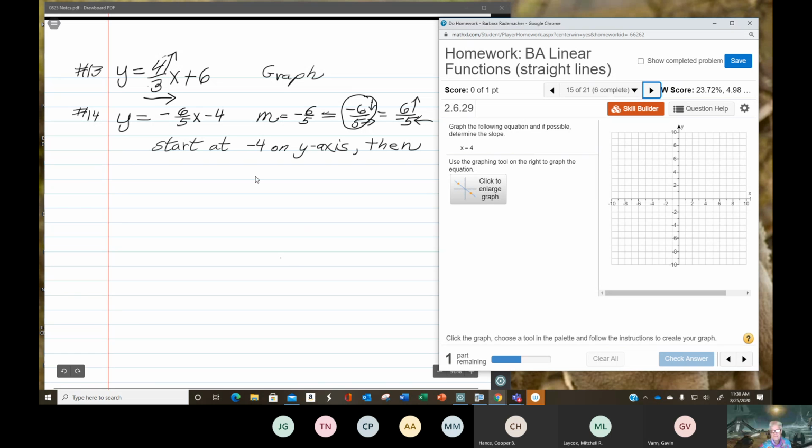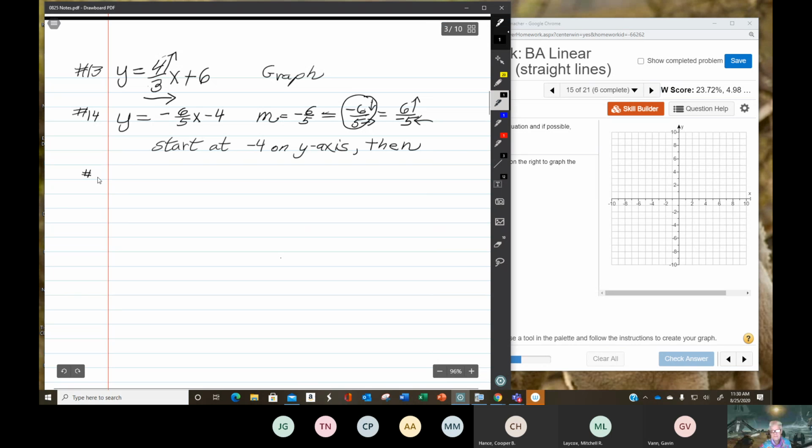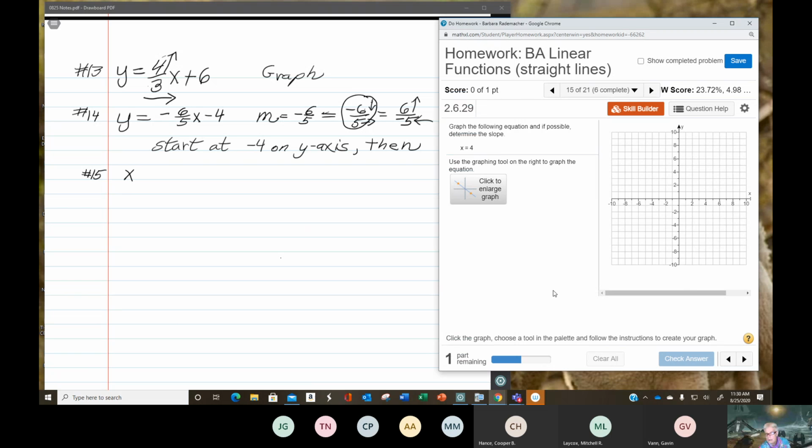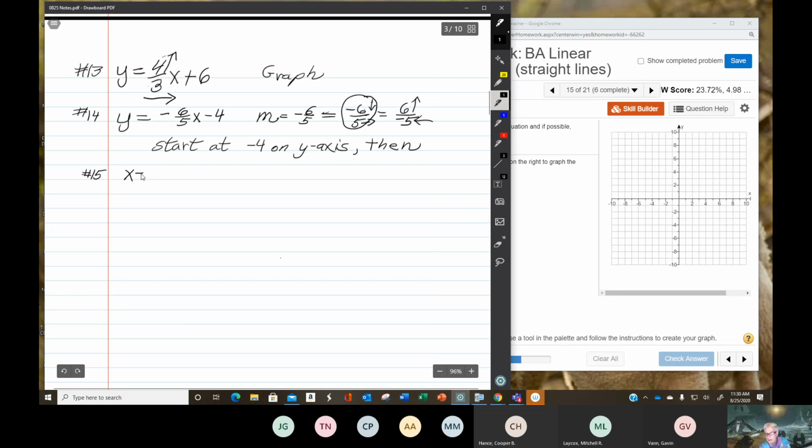Well, many of you may have memorized in beginning algebra that the graph of x equals 4 is a vertical line, and that the slope of a vertical line, of all vertical lines, is undefined.